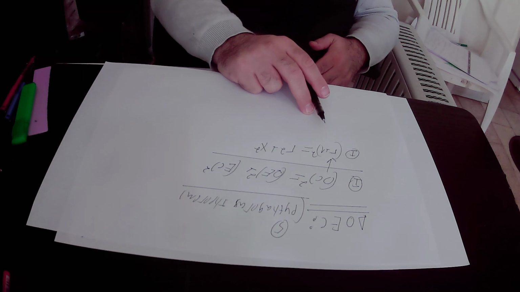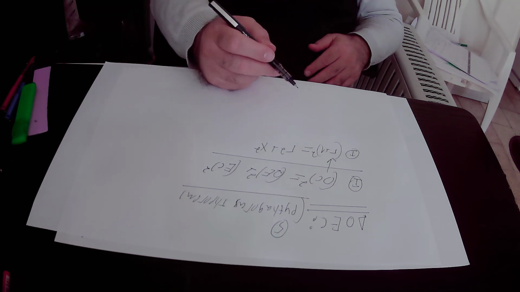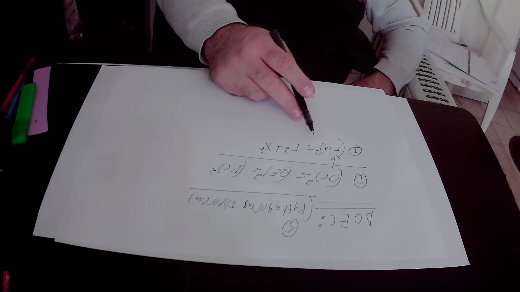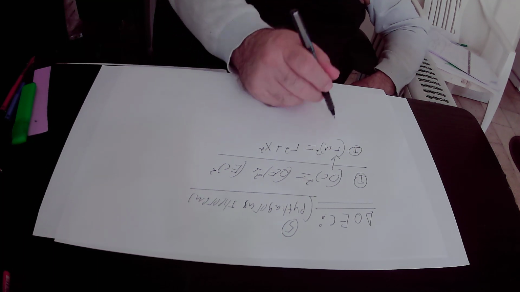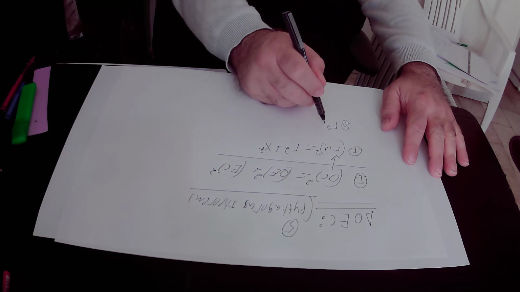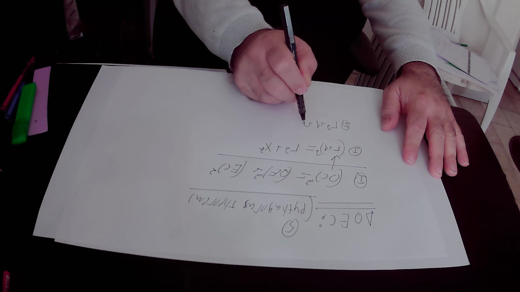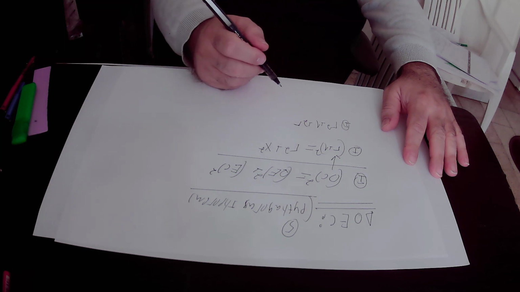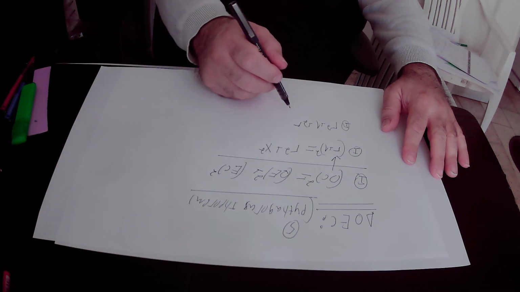Here we will open the brackets of this side of equation number 1. R plus 1 squared is actually R squared plus 1 plus 2R, according to the algebraic identity that A plus B squared equals A squared plus B squared plus 2 times AB.